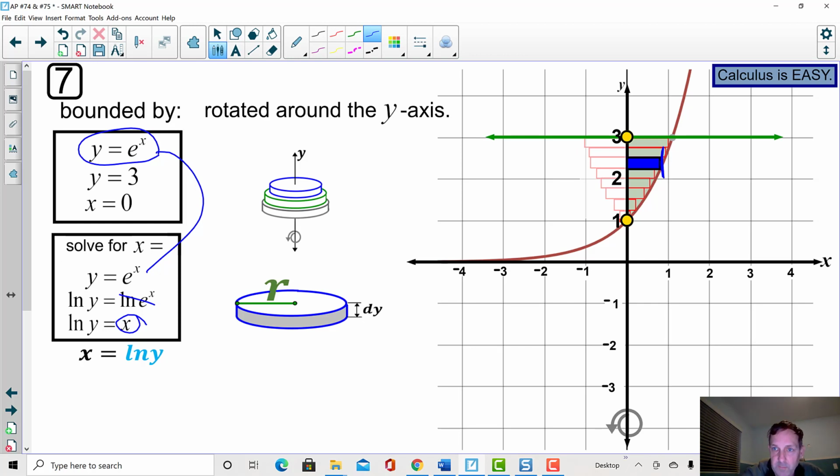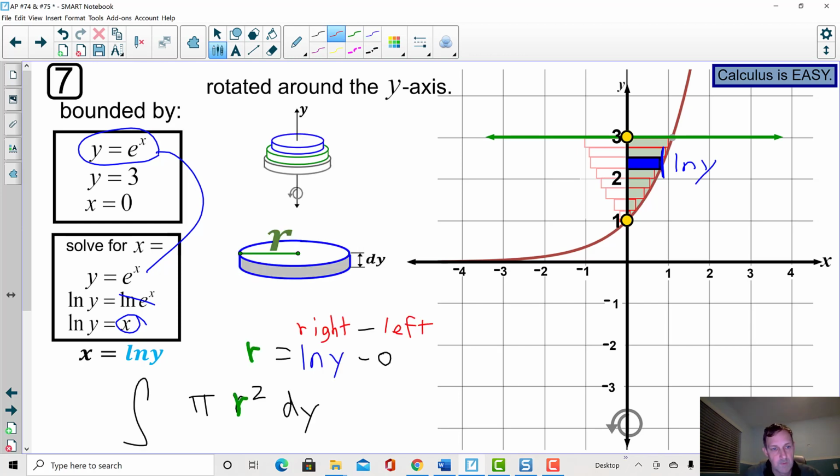So the right one is going to be x equals ln of y. Of course, the left is just x equals 0, so it's just 0. So just as a reminder, in order to do the right minus the left, you have to solve everything for x equals. So this one was a little tough because we started with y equals, so we had to solve it for x equals so that we had a function of y.